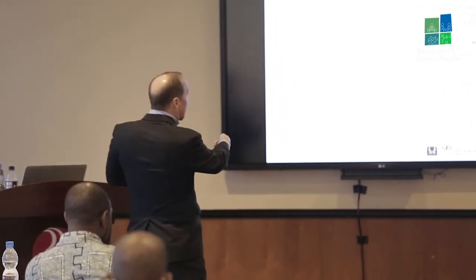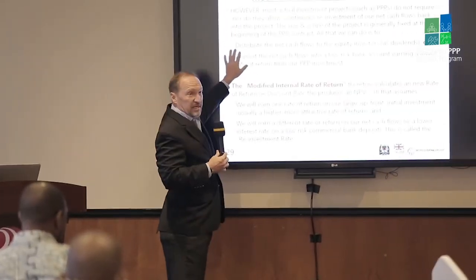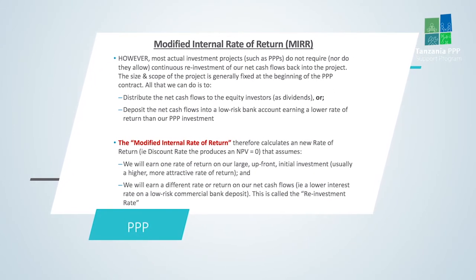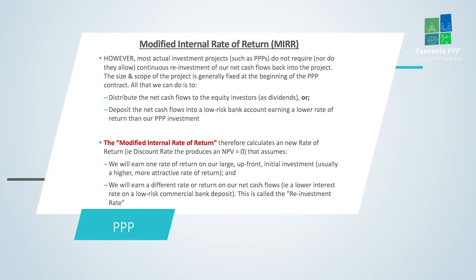It's basically saying here that we can do two things with our net cash flows. We can either distribute it, take it out of the project as dividends and get no return on it, or we can deposit it into a bank account, which is going to be lower risk and low return, and we're going to earn a lower rate of return on each of those net cash flows. That's what the modified internal rate of return does.